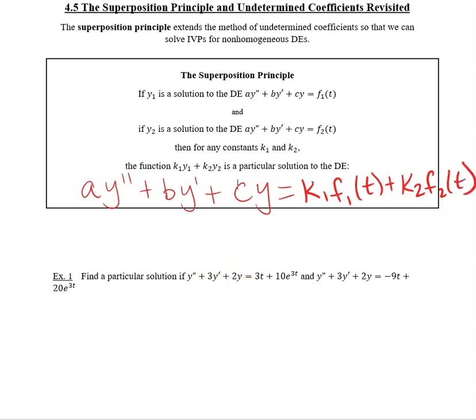So how can we put this together and use this to help us find a particular solution?